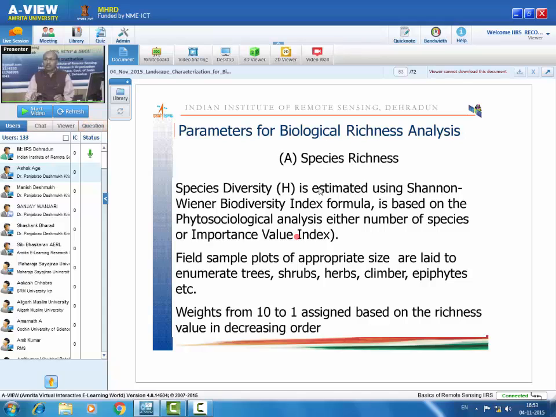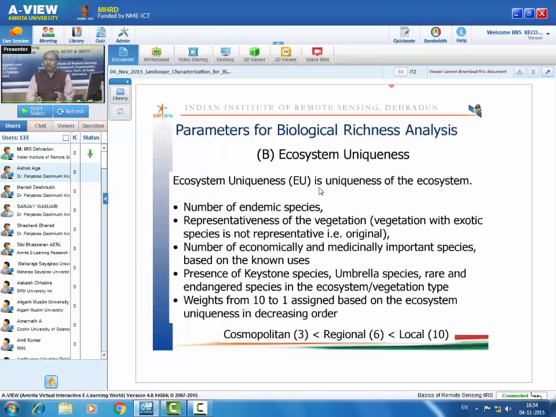So different kinds of analysis are possible, and then you can range weights from 1 to 10, so that you can say, okay, this species is less important, that species is more. It's all relative. It depends on the person, and subject experts will tell you the exact way. So normally what we do, we try to have the opinion of 5-6 experts and then take an average of it.